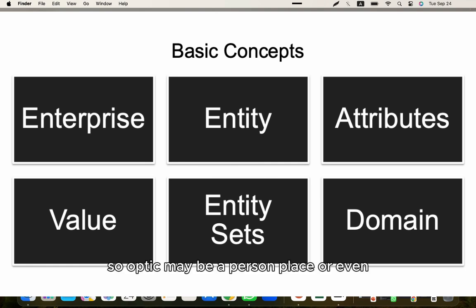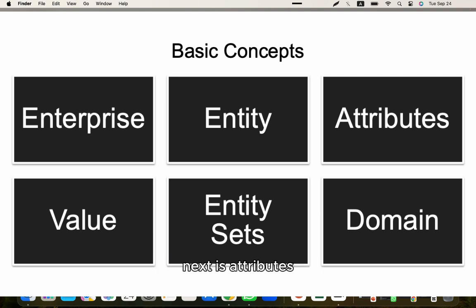An object may be a person, place, or event. As examples, I have students of colleges and schools, loans in banks, employees in a company. So those are examples of the entity.